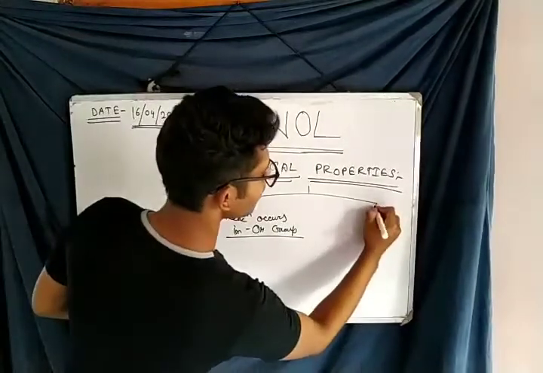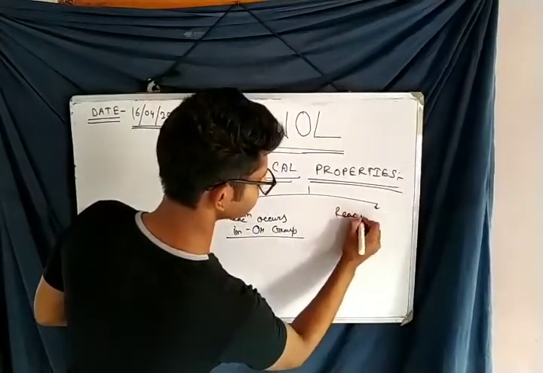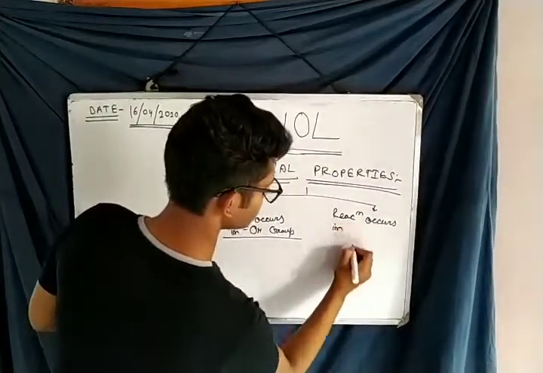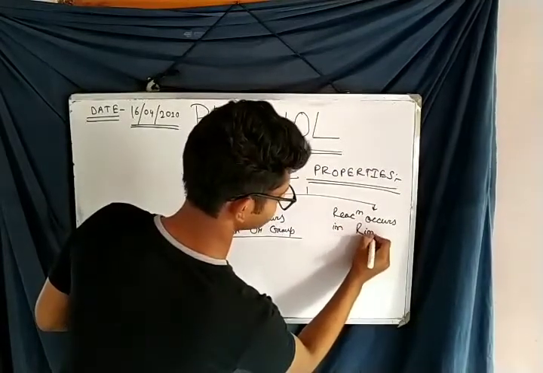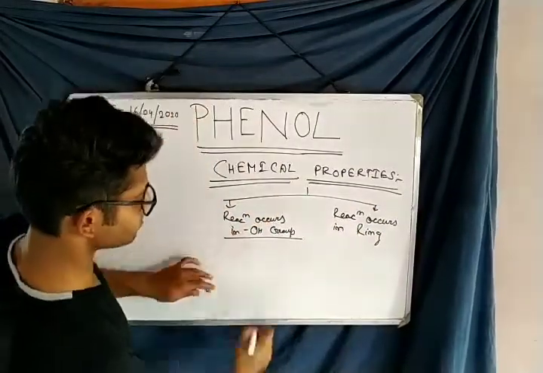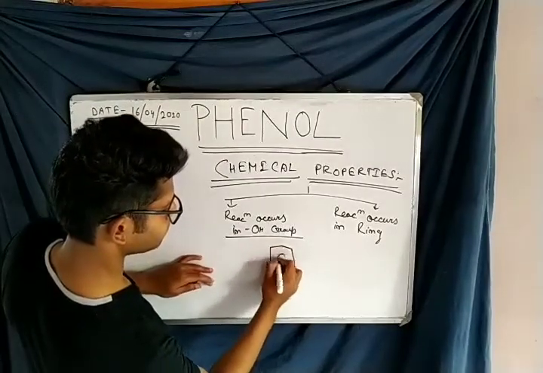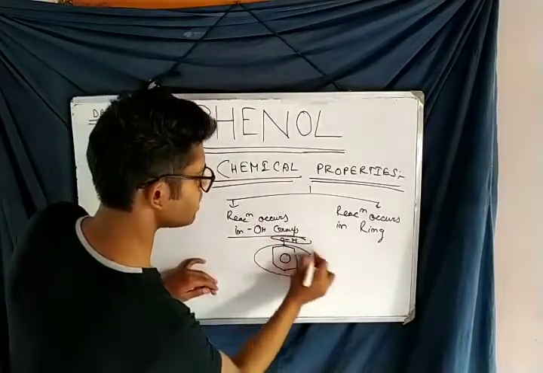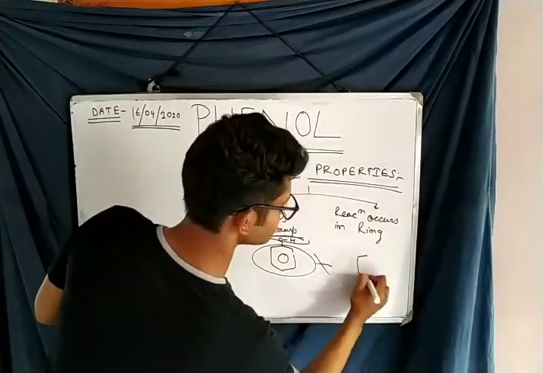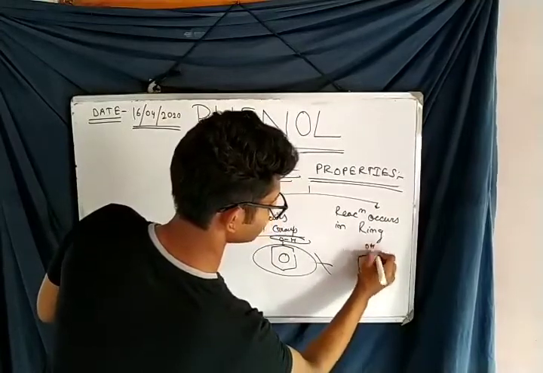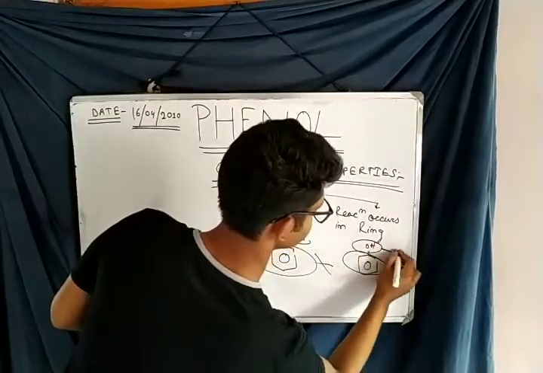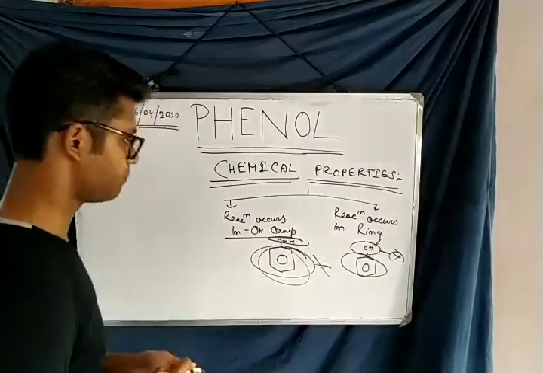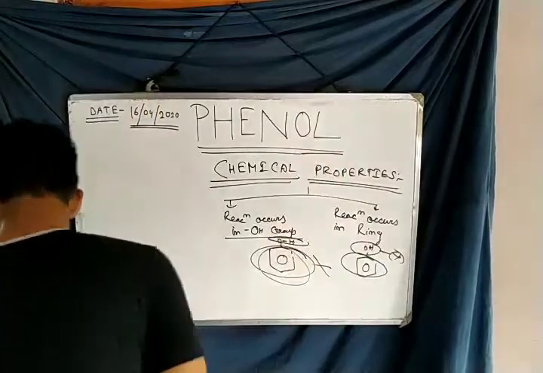The second one is when the reaction occurs in the ring. In the first case, the reaction occurs in the OH group only, and the ring is static. In the second case, the reaction occurs in the ring, and the OH group is static. Okay, so let's start with the reactions.